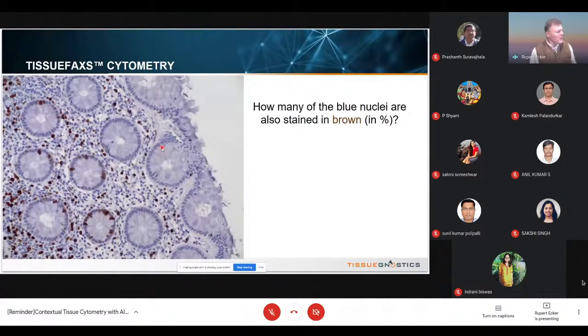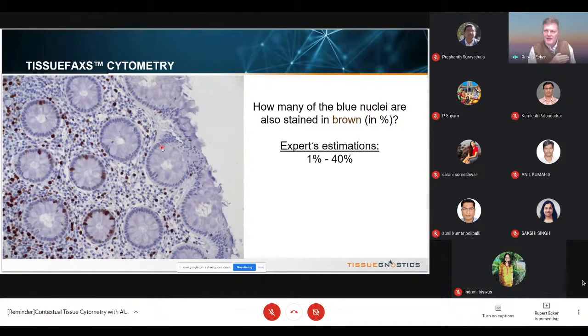Now, normally people look at this and estimate, and may say, 10% or 30% of cells are brown positive, so are proliferating. We have also done our own survey among roughly 200 scientists and asked them how many cells are proliferating. In other words, how many blue nuclei are also brown.